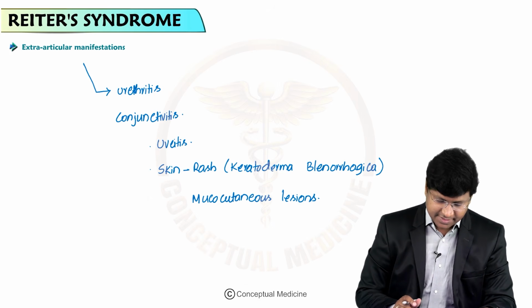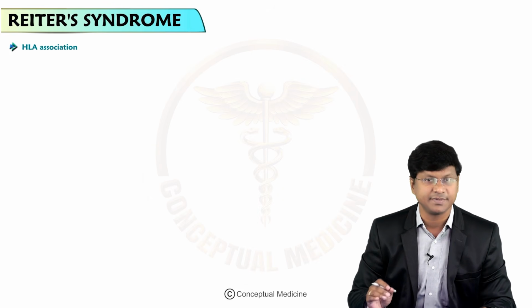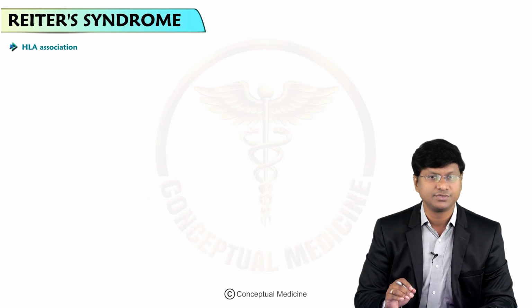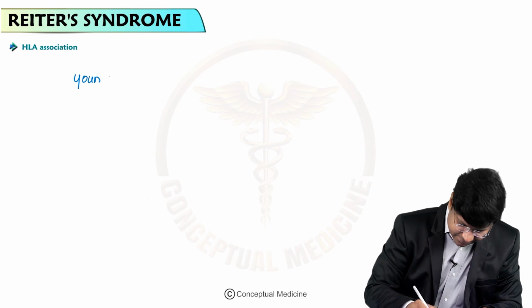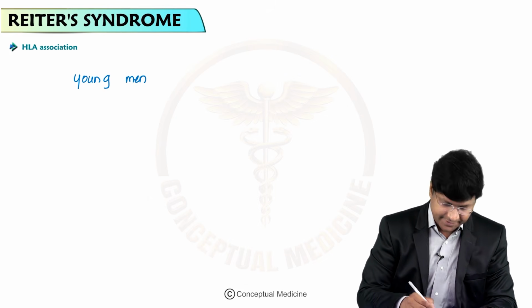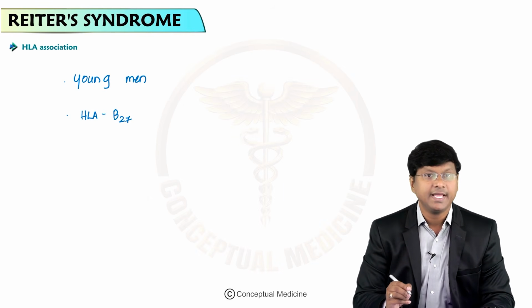Now, after having discussed the extra-articular manifestations, let me discuss the HLA association in patients with Reiter syndrome. This reactive arthritis or Reiter syndrome occurs most commonly in young men, and it is associated with HLA-B27.